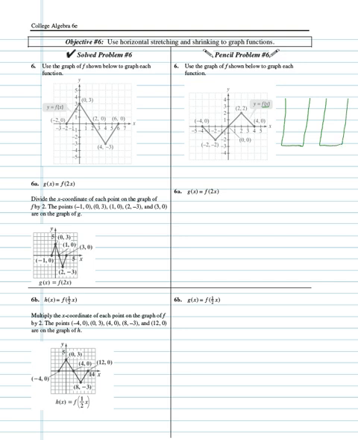They gave us the values of f of x here. I'm picking the x values 0, 2, 4, -2, -4.